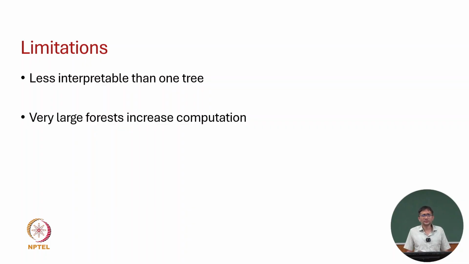However, this new approach, random forest, is not that much interpretable anymore. I won't say that it is not interpretable at all, but not that much. And very large forests, that is too many decision trees, obviously increase computation.